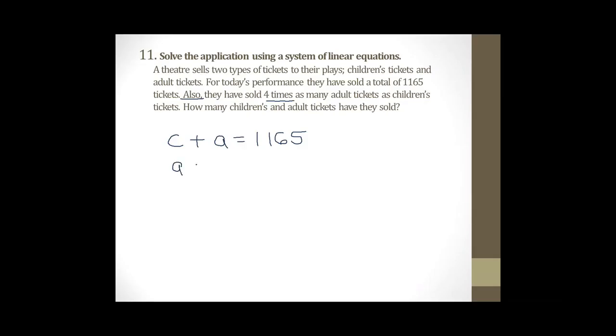So the adult tickets is 4 times the children's tickets. That's my second equation. So now I have a system and I can use either the elimination method or the substitution method to solve for A and C.